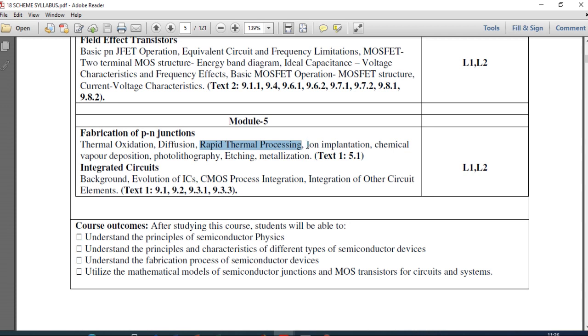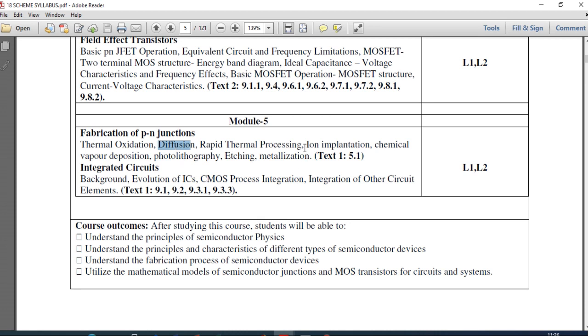Then we started with the next topic, that is ion implantation. In this topic, we compared it with diffusion. In ion implantation, we require a temperature of around 100 degrees Celsius, whereas in diffusion we need around 800 to 1100 degrees Celsius.